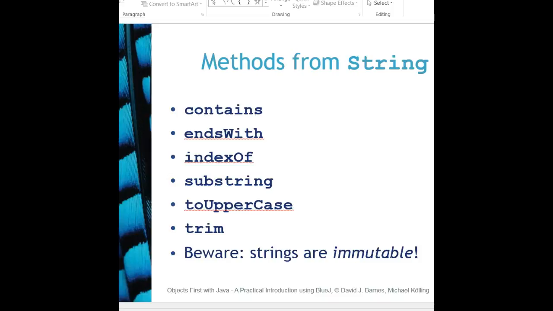So as we said, we have some problems with just using the word "by". We want to be able to use different variations, for example, "by" in capital letters, or if we have spaces before the string. You can use these with the string methods endsWith, indexOf, substring, and toUpperCase.